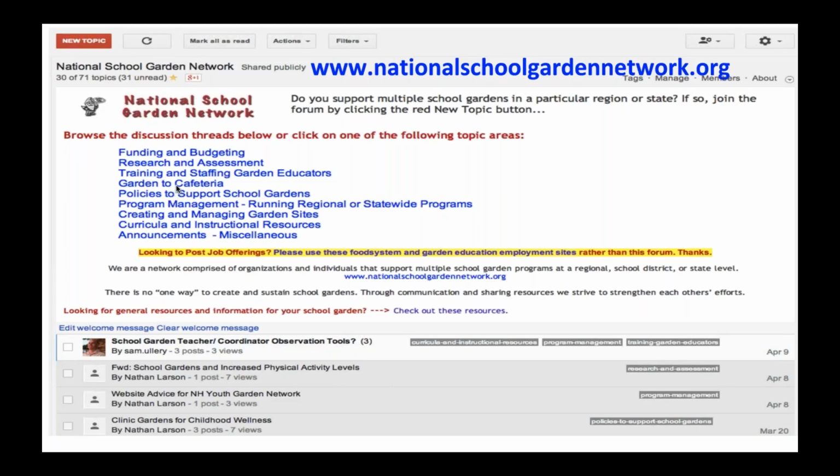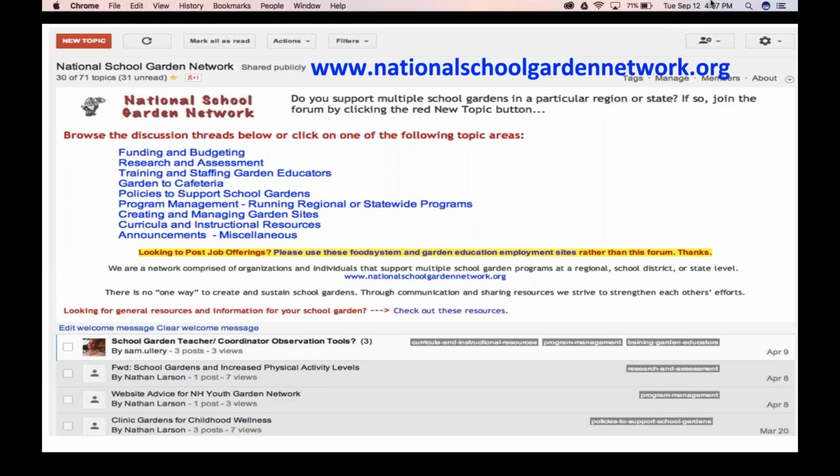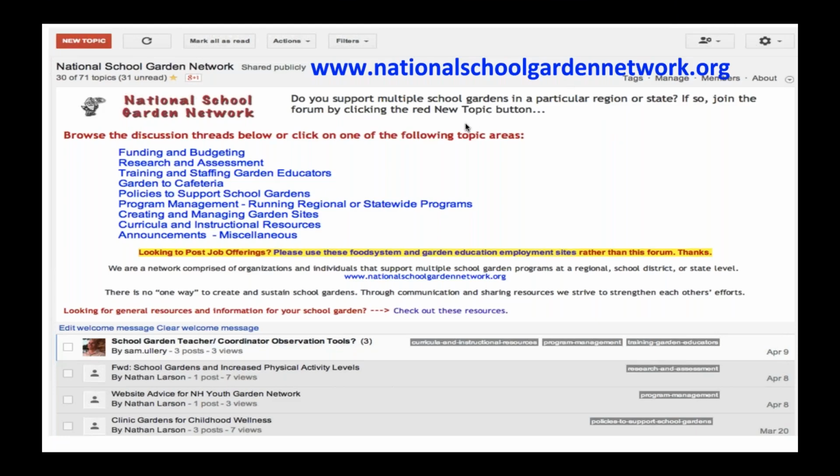If you click on, for example, Garden to Cafeteria, it takes you to a page that shows you discussions, conversations, and a whole slew of resources that relate to garden to cafeteria. Another way you can use this forum is the search bar up top. You can just type in a keyword like design, and a whole bunch of different discussions and resources related to garden design will pop up right at your fingertips. Awesome.